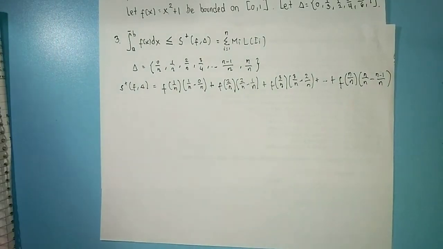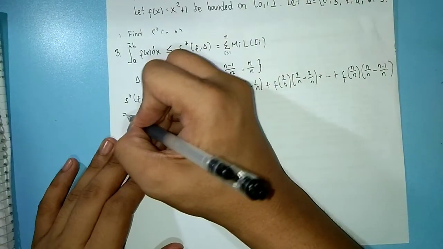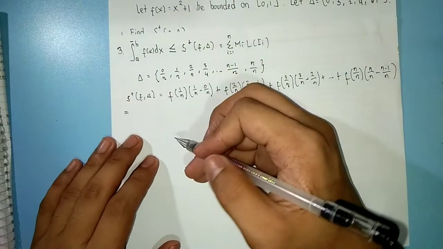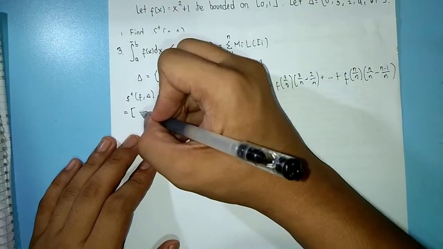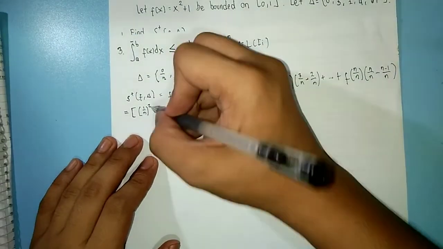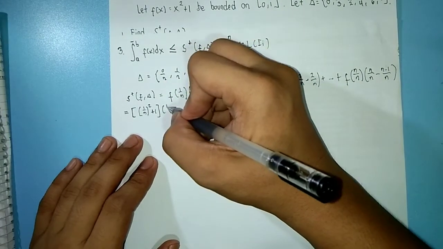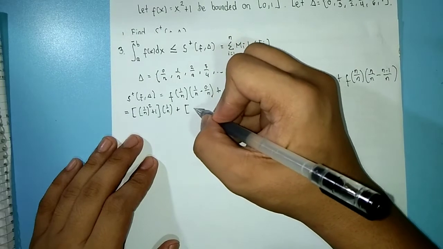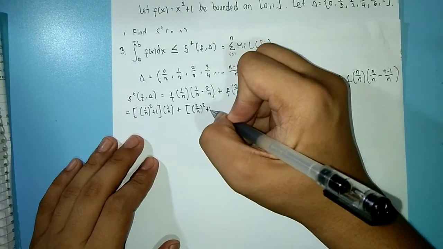Then, if we substitute this, that is (1 over n) quantity squared, plus 1. Then, what is 1 over n minus 0? This is 1 over n. Plus, substituting, that is (2 over n) squared plus 1.